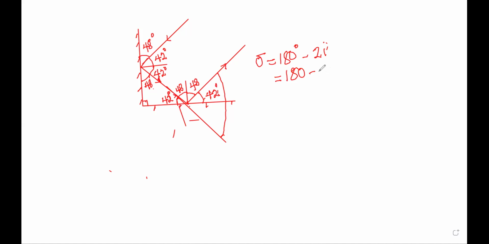What is 48 times 2? 96. So subtract 96 from 180. 84. That is 84 degrees. So that's the answer to the question.